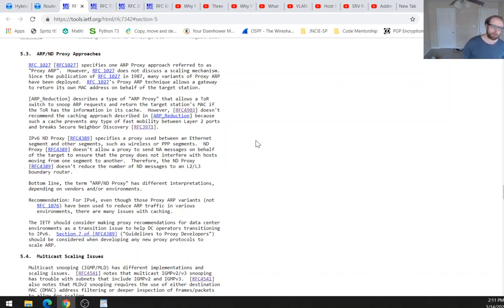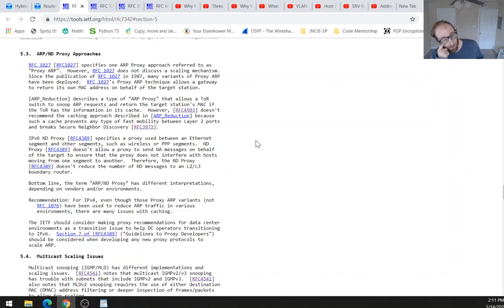IPv6 ND proxy, RFC 4389, specifies a proxy used between an Ethernet segment and other segments, such as wireless or PPP segments. ND proxy, RFC 4389, doesn't allow a proxy to send NA messages on behalf of the target to ensure that the proxy does not interfere with hosts moving from one segment to another.